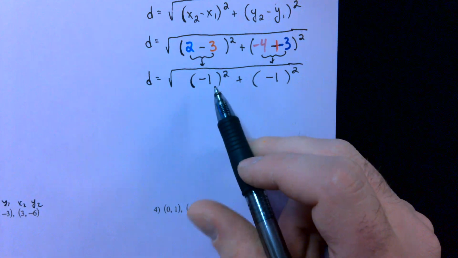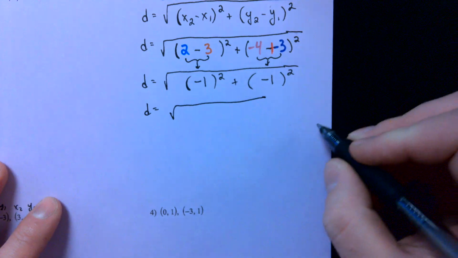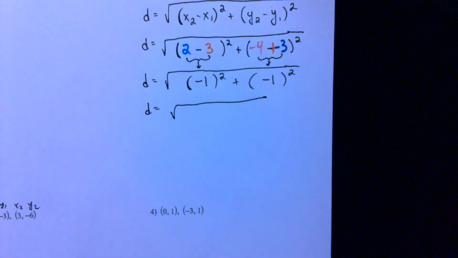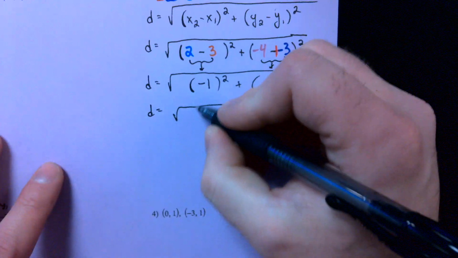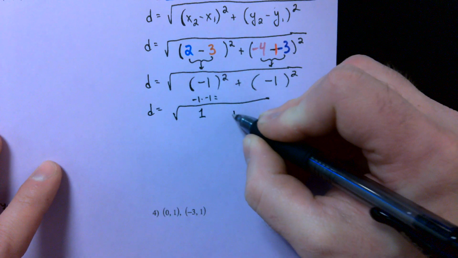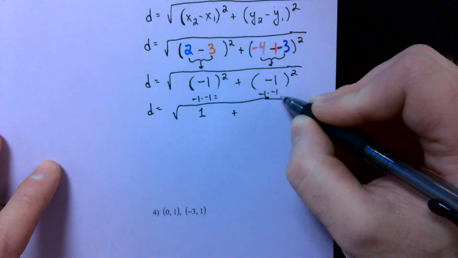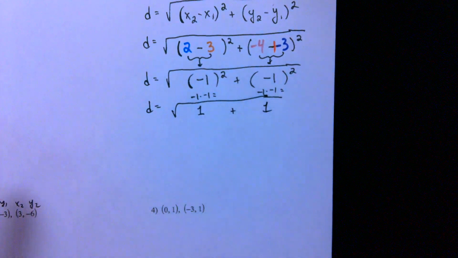Now I'm going to do the exponents. So my distance is the square root of, what is negative 1 squared? Well, that's negative 1 times negative 1, which is positive 1, plus negative 1 squared, which is the same exact thing, giving me positive 1.